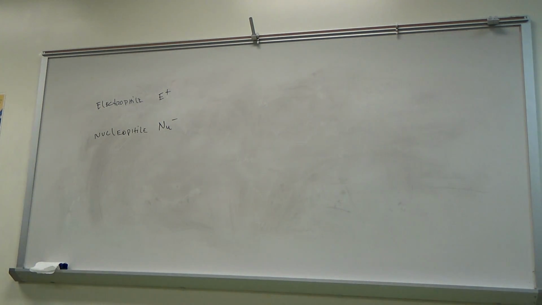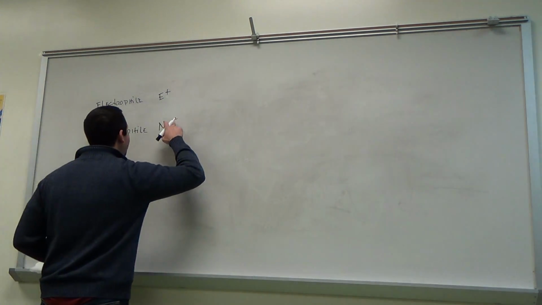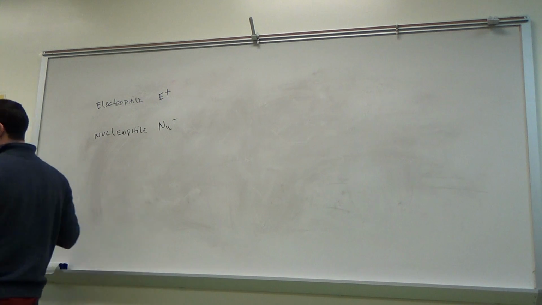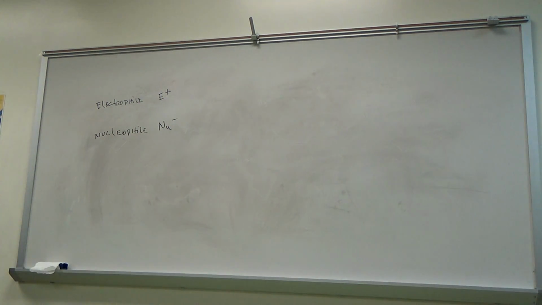Not the other way around. Positive does not attack a negative. A negative, high electron density, attacks things that are delta positives or plus charges. Because electrons go from where there is a lot to where there is less electrons, okay?